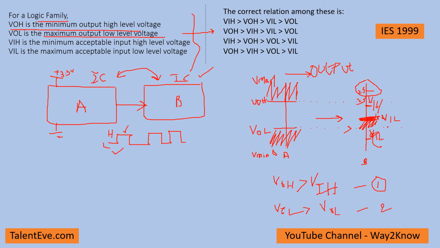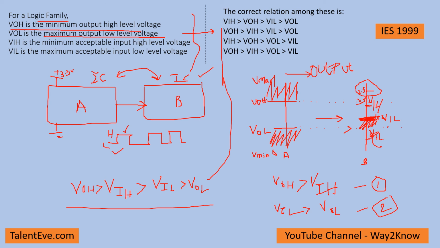If you consider all these scenarios, VOH should be greater than VIH, and then VIH will definitely be greater than VIL because it is a high voltage, and then VIL should always be higher than VOL. Only if this condition is met, which is VOH, VIH, VIL, VOL.